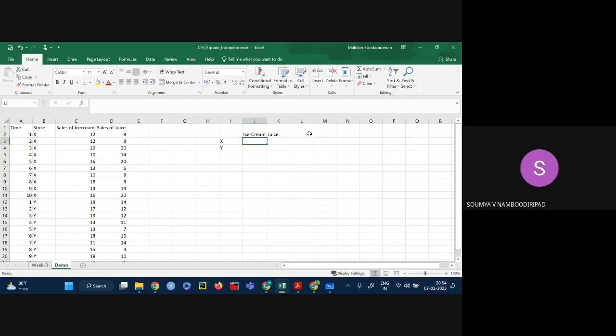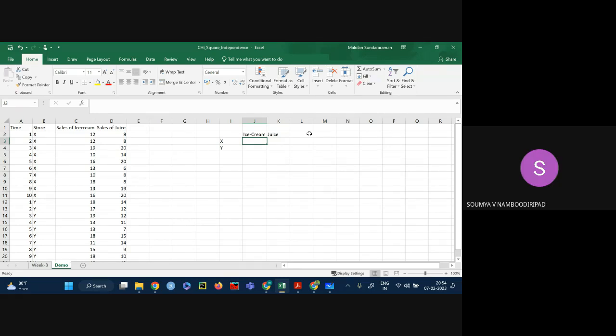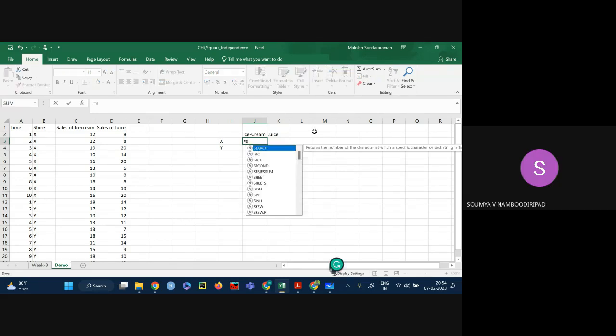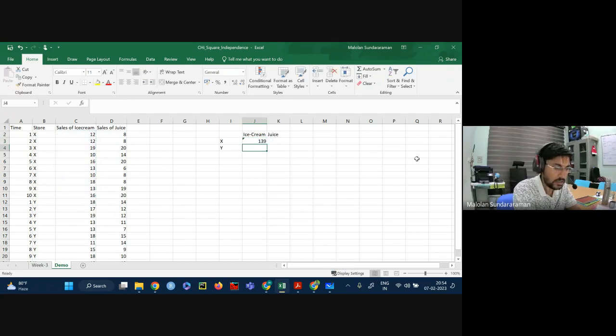The count of ice cream from store X. Count, or sum if. I want the total sales of ice cream in store X.